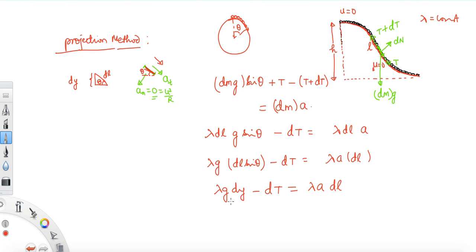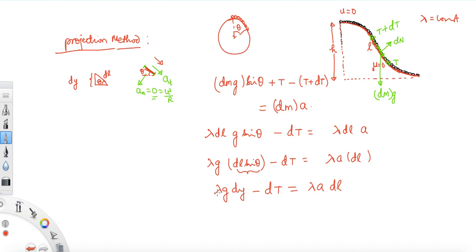Now let's integrate it. Here we have used projection wisely, because dl sine theta is a projection. Otherwise, we would have to express length as a function of theta, which is a very tedious process, and we are also not given the equation of this curve.